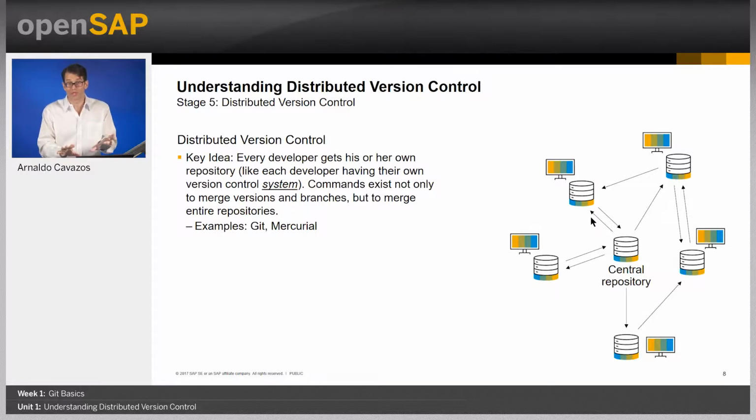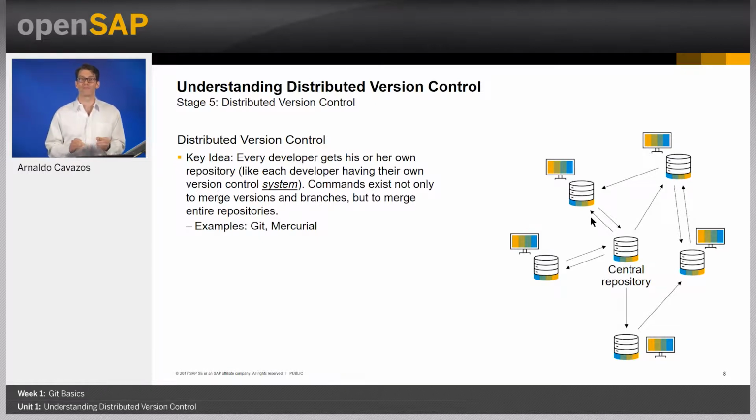So you've got two sets of commands. You've got commands to manage the version database of your own, and you've got commands to manage the communication between the version databases and get them in sync. That sounds really complex, but we're going to see that because of Git's slick design, it's actually not that hard.